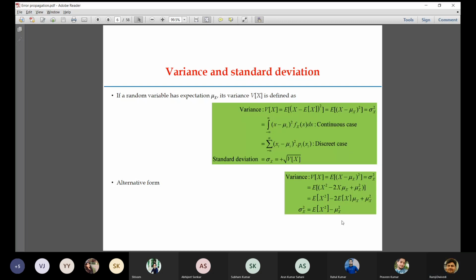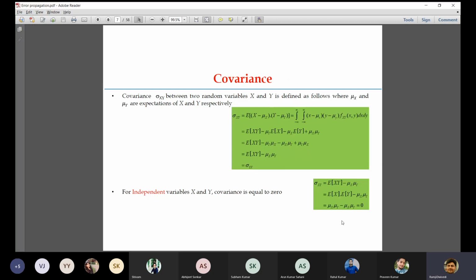Okay. So similarly, the moment variance comes, you will have the covariance. The covariance sigma xy between two random variables x and y is defined as sigma xy. You could realize that while writing for variance, you were writing expectation of x minus mu x whole square.